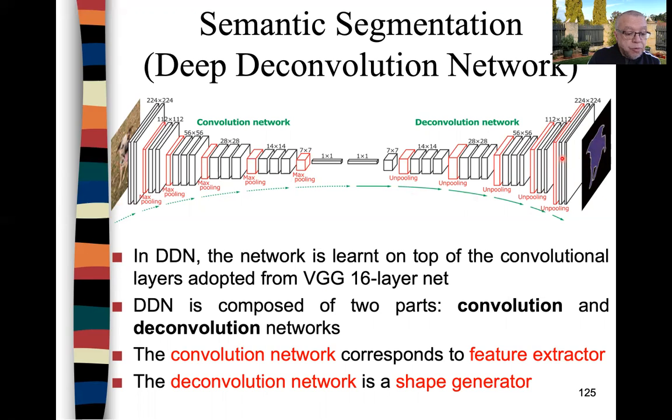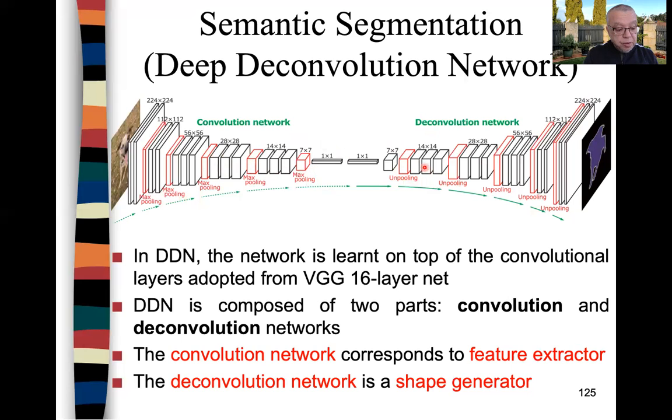This deconvolution network is a mirrored version of the convolution network. Instead of pooling, it has M-pooling. So it has a series of M-pooling, deconvolution and rectification layers, as opposed to the convolution network, which reduces the size of the activations through the feed forward.